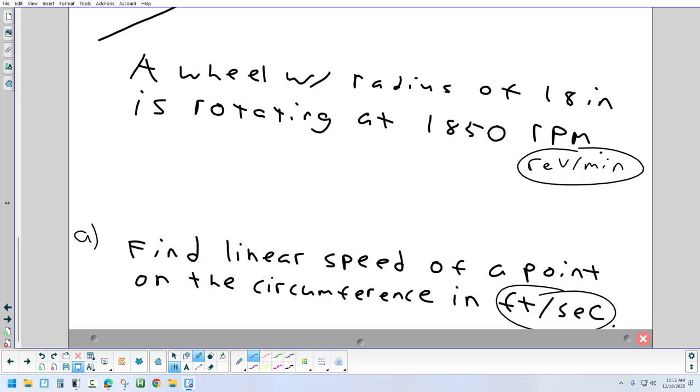It's the first time we've done that. So the way you could imagine what's happening is, let's say you had a tire on a machine. It had a radius of 18 inches, and it was spinning at 1,850 RPMs. If that tire fell off the machine and it landed upright and didn't lose any traction, but it just landed right on the ground and then just started rolling, we're basically finding out how fast it would be rolling on the ground, like coming at you. That's the idea of what we're doing.